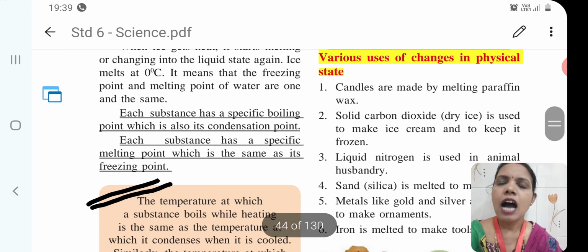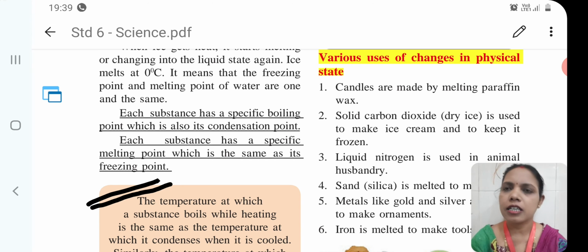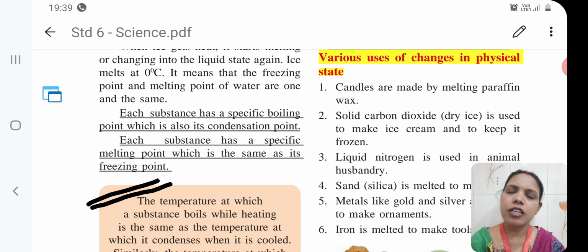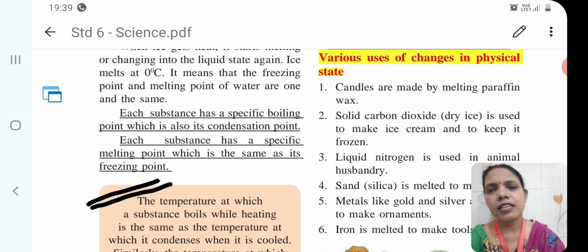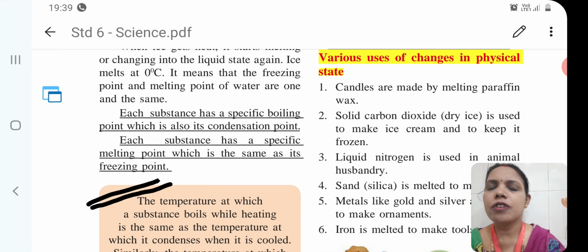So I hope you all understood what is meant by physical change and what is meant by chemical change. For example, ice melts and converts into liquid form, that is, into water. Water again converts into ice. This conversion is called a physical change.